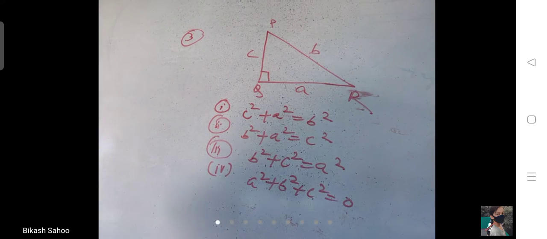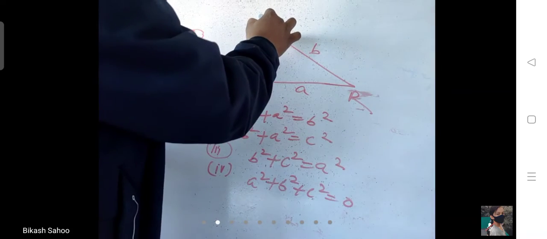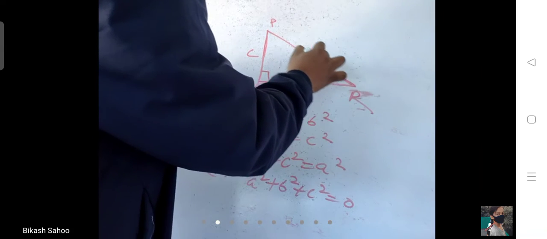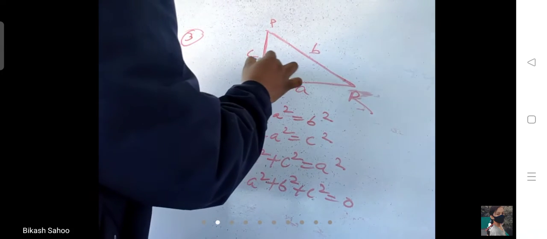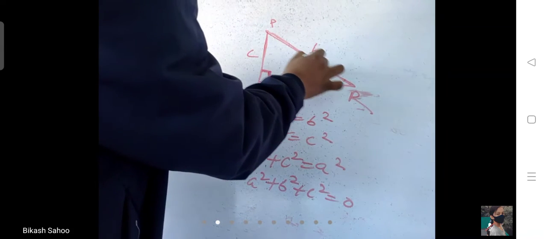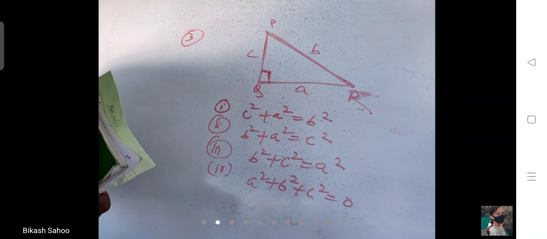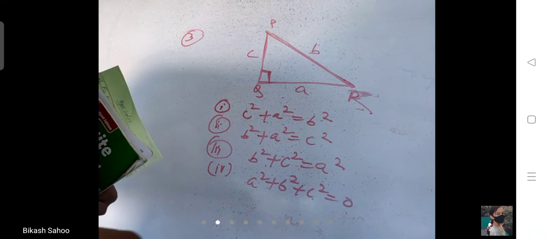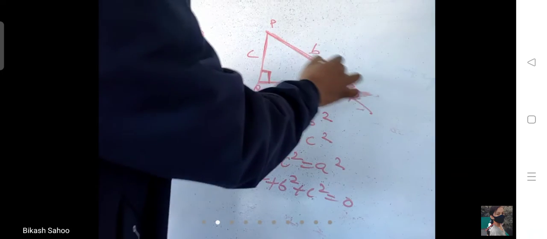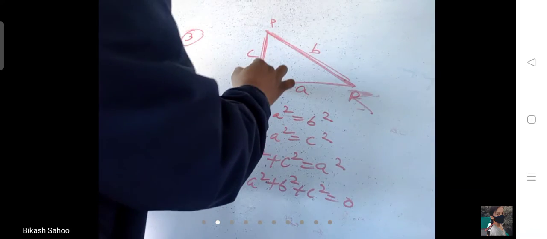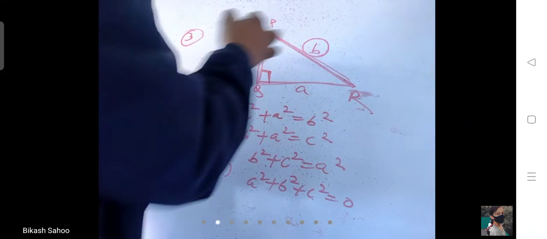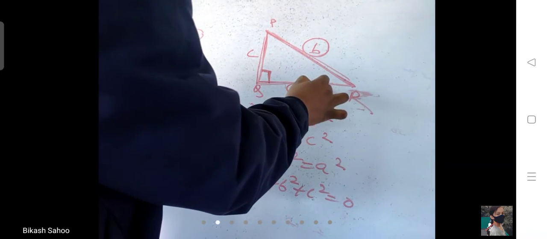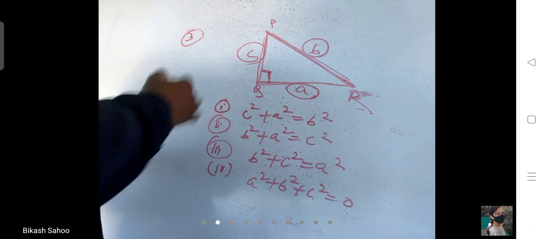You know from the Pythagoras theorem that in a right angle triangle, the side in front of the right angle is the hypotenuse and it is the longest side of the right angle triangle. Yes or no? And from Pythagoras theorem we know that h square is equal to p square plus b square. So here h is b and base is a and perpendicular height is c.